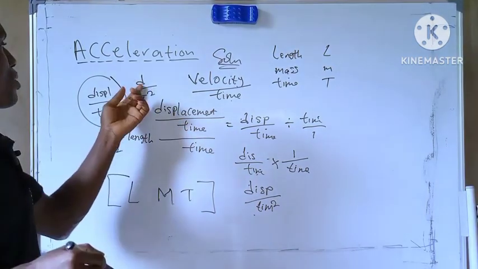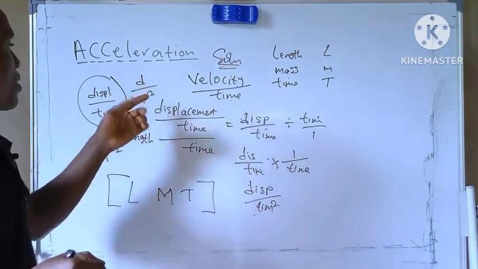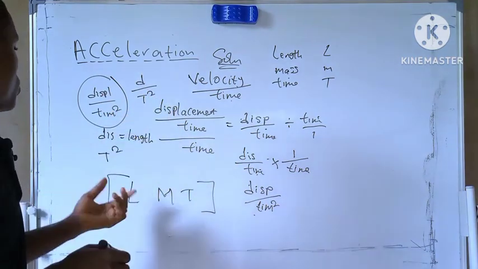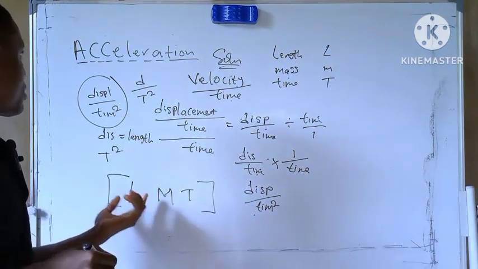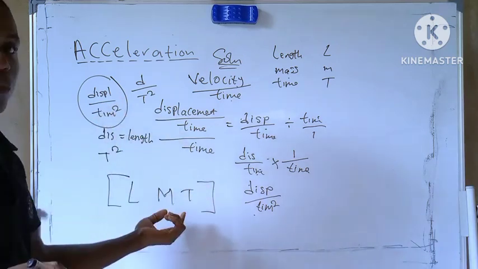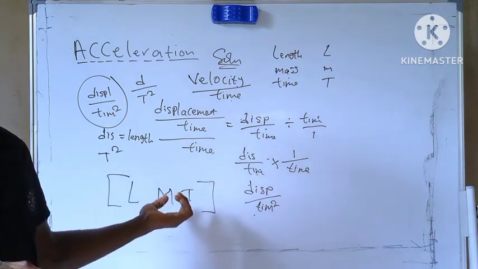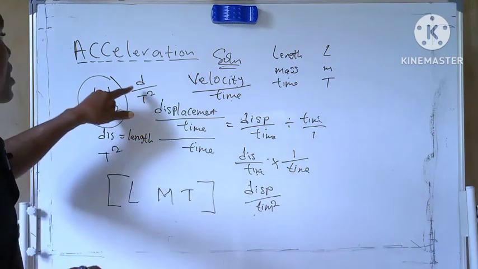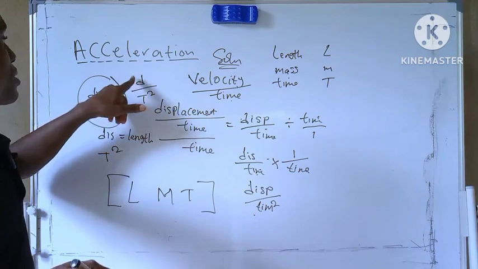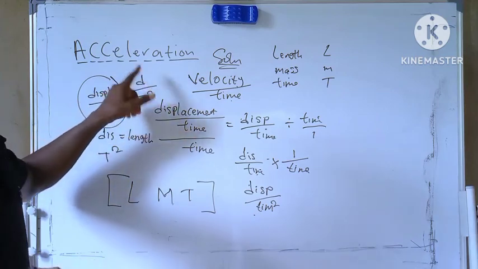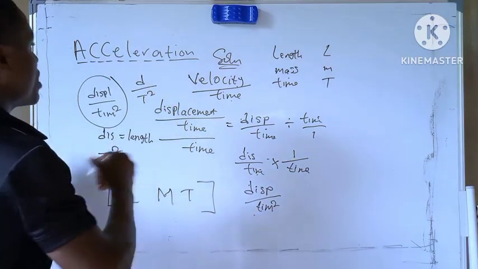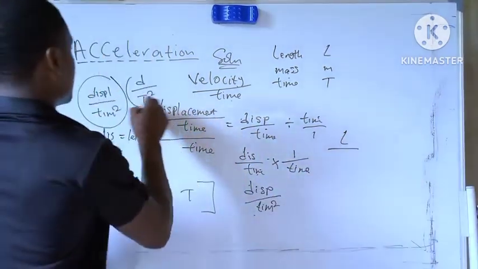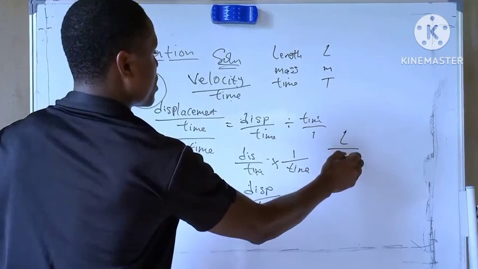L is the symbol of displacement, right? While T square is the symbol of time square. Are you getting it? So in order to write down the dimension of acceleration, these are the approved theoretic physical quantities: length, mass, and time, right? So I said before, in the place of displacement, we can represent it as length. So meaning we have L all over T square.